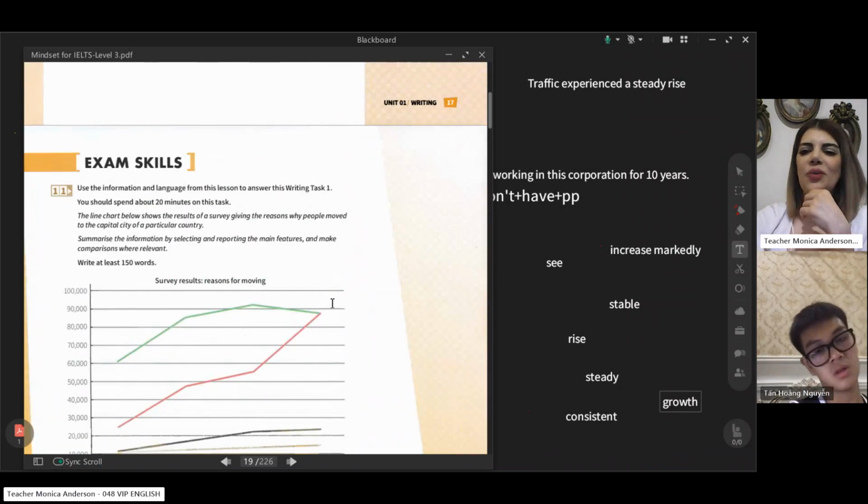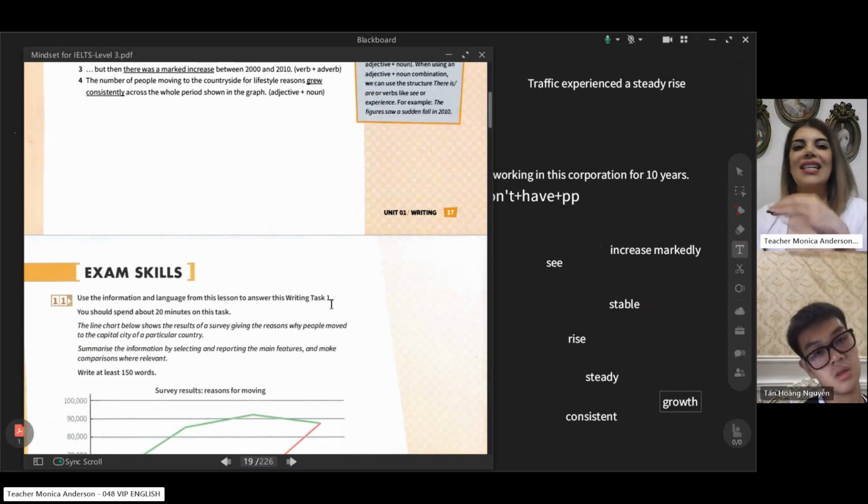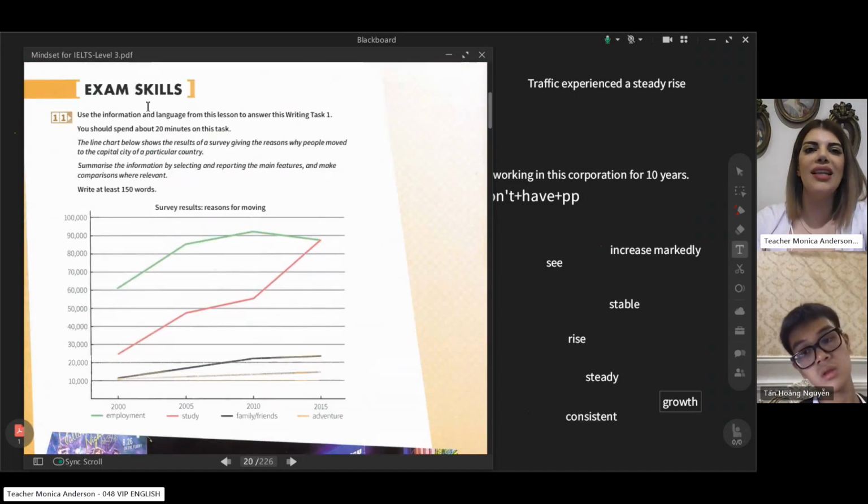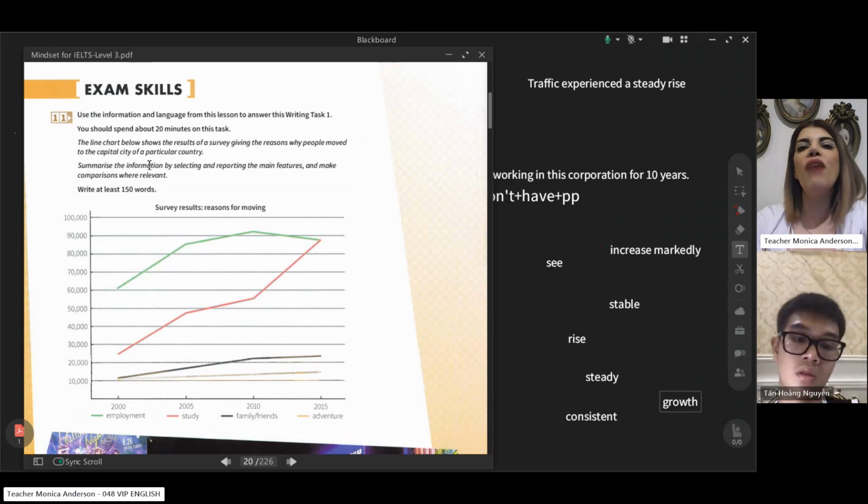Well, we have another part that is exam skills. Again, we have another assignment for home. This is writing task 1. The line chart below shows the results of a survey giving the reasons why people move to the capital city of a particular country.